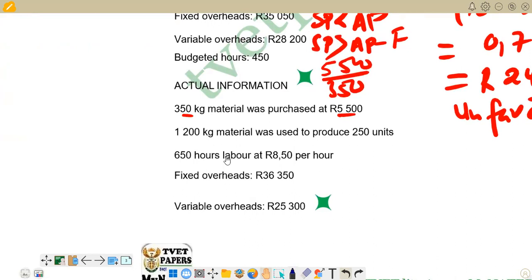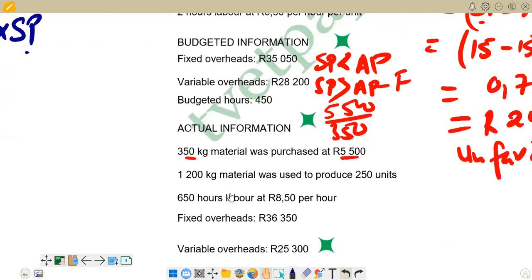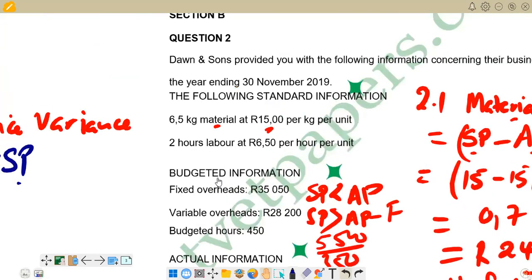The standard we are given at the beginning. We are told that we have 6.5 kg of material per unit.